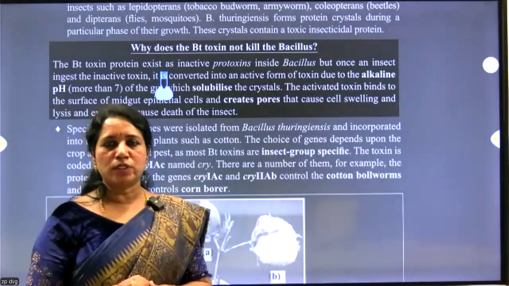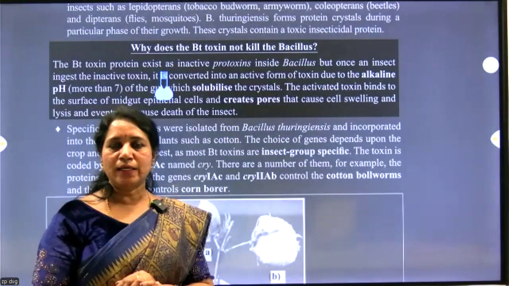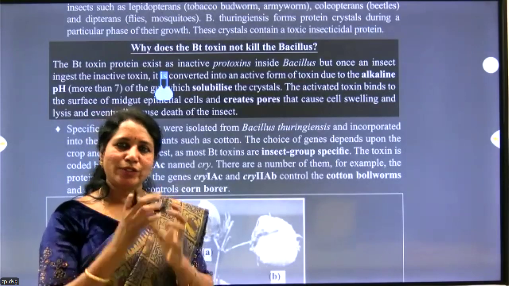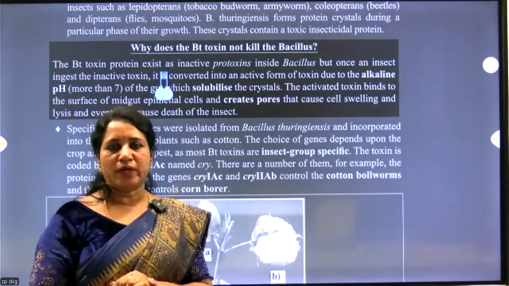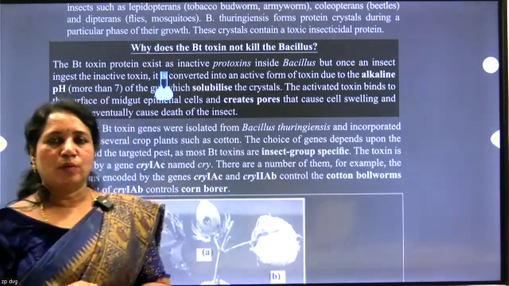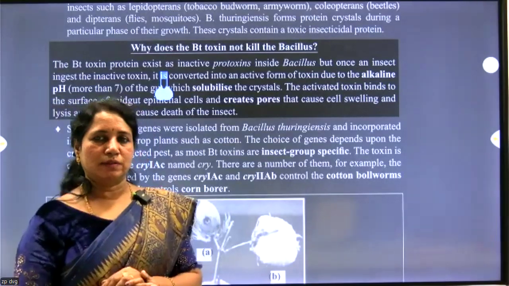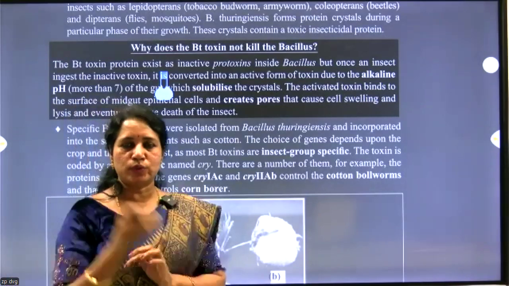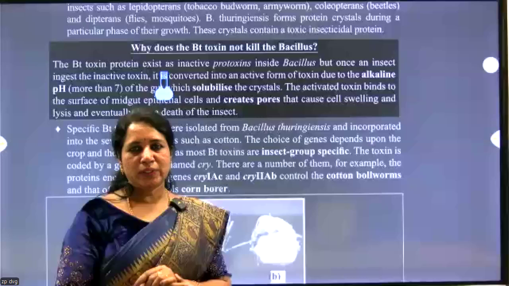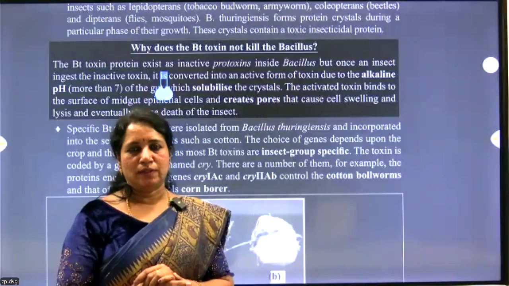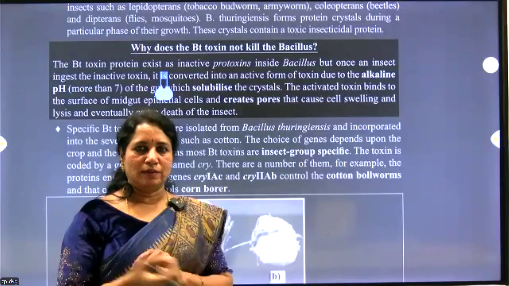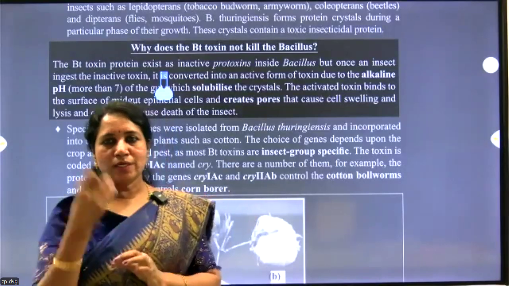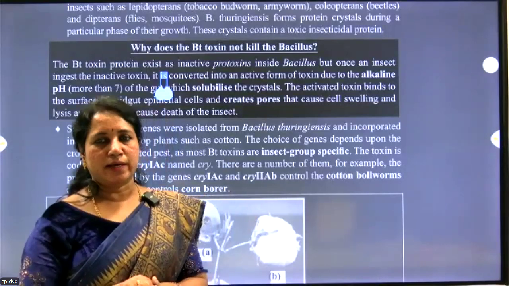There, because of the alkaline pH inside the gut of the caterpillar, the crystals dissolve and become liquid. This enlarges the pores, so fluids enter the epithelial cells of the gut. Because of the excess diffusion of liquid, the cells burst, and due to the internal damage the insect dies.